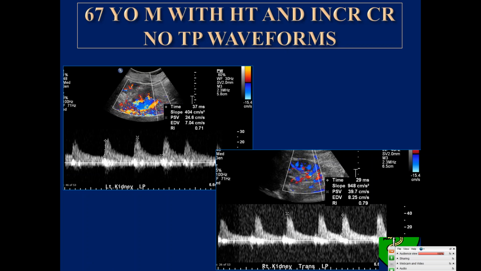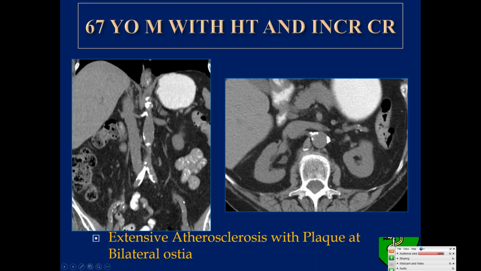But if you do find them and you didn't diagnose elevated peak systolic velocity elsewhere in the main renal artery, then probably you should go back and look again, and also look for any possible accessory vessels if Tardus parvus waveform is seen only in one portion of the kidney, in the upper or lower pole.